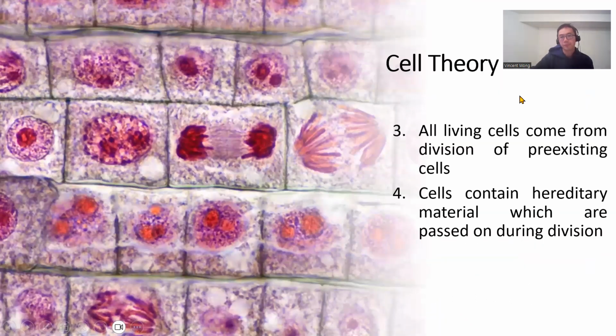Okay, moving on. We are talking about the cell theory, part 1. Living things are made up of 1 or more cells. Part 2, they are the smallest unit of life. Professor, you said cells can grow outside of our body, but I didn't get the second one.